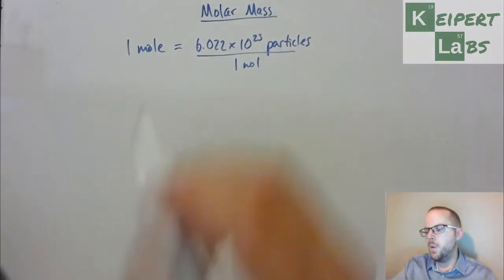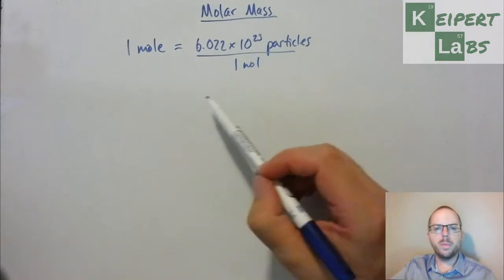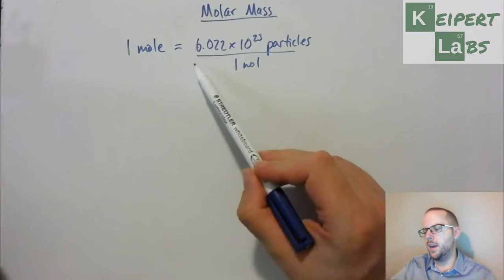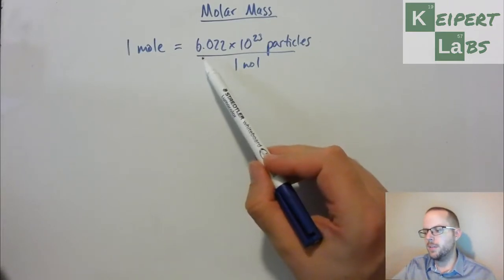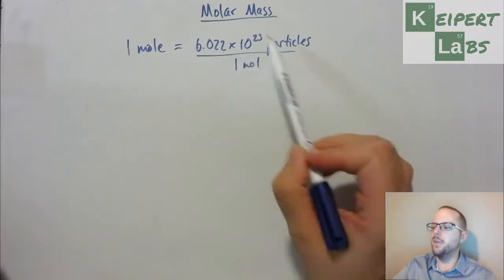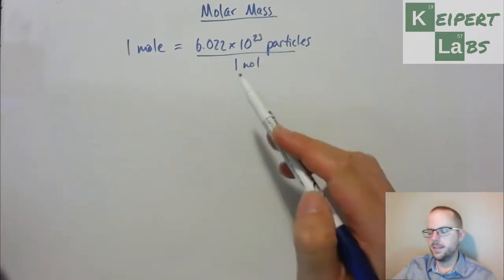So 1 mole of any two substances will represent the same number of particles, whether it's a single kind of atom or a very large molecule.